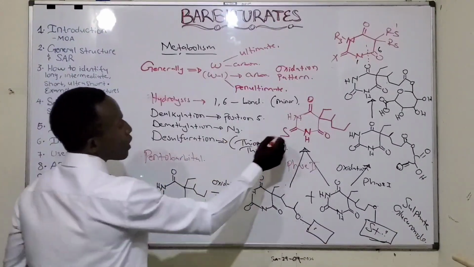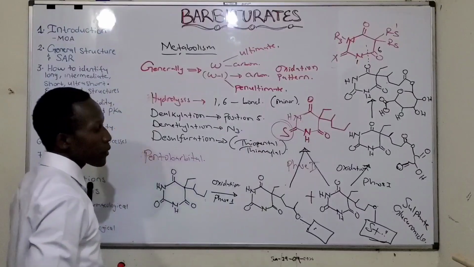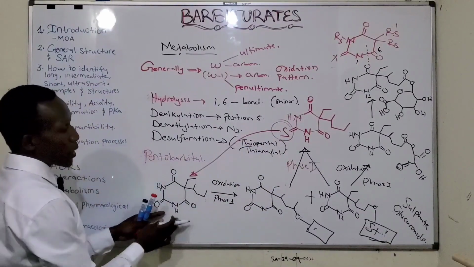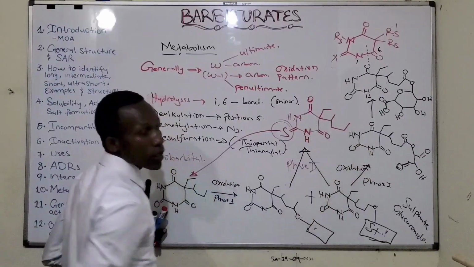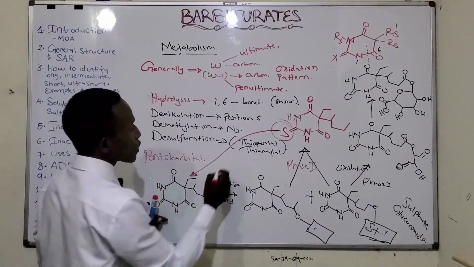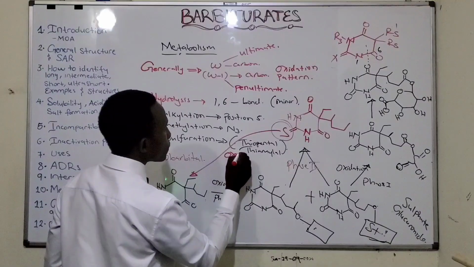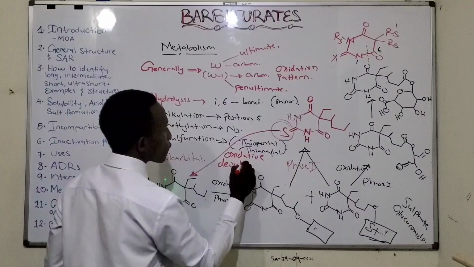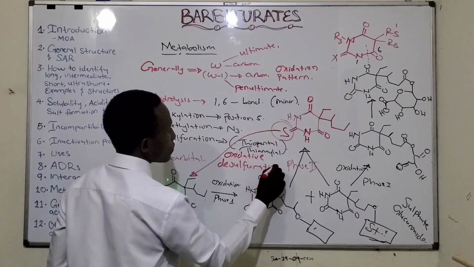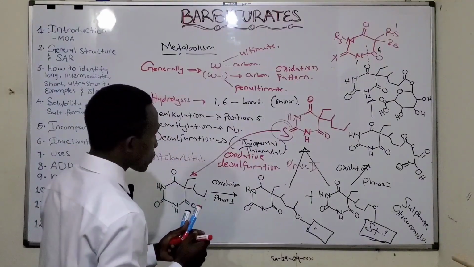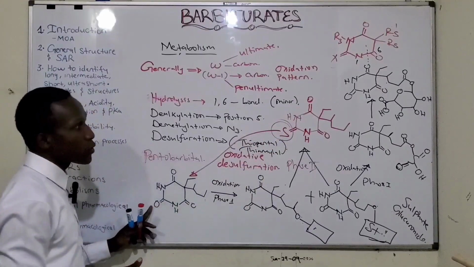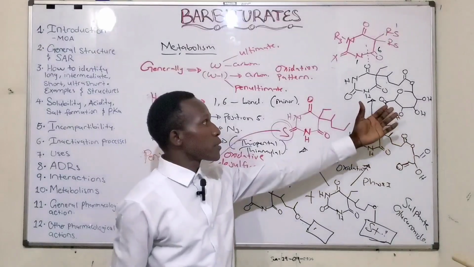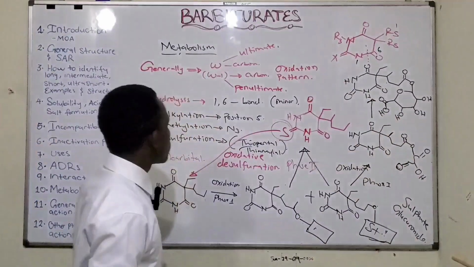So in its metabolism, at first we shall have removal of this sulfur. When we remove the sulfur, it is replaced with oxygen, and we form pentobarbital. This is oxidative desulfuration. Then it goes through the same steps and it is eliminated.